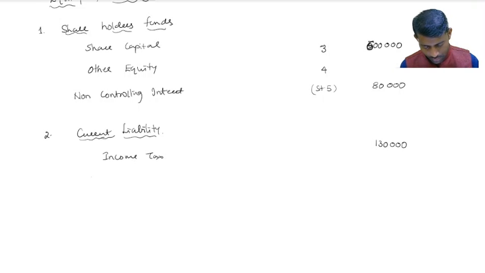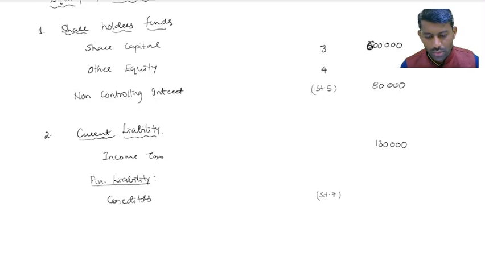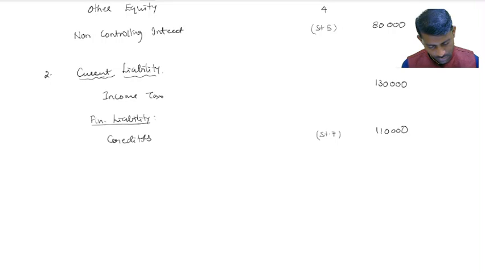Then financial liabilities: creditors, from step number 7, 1,10,000.